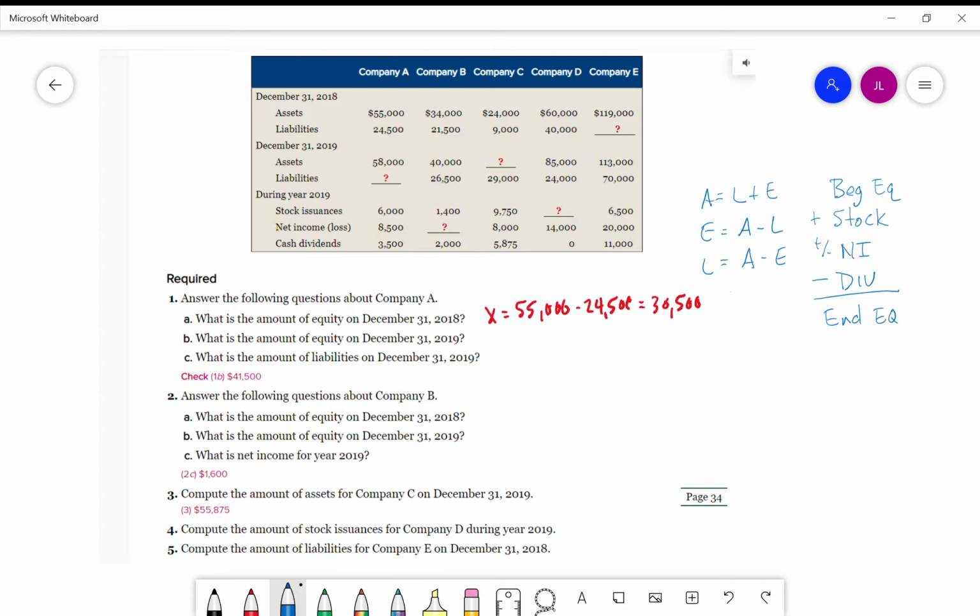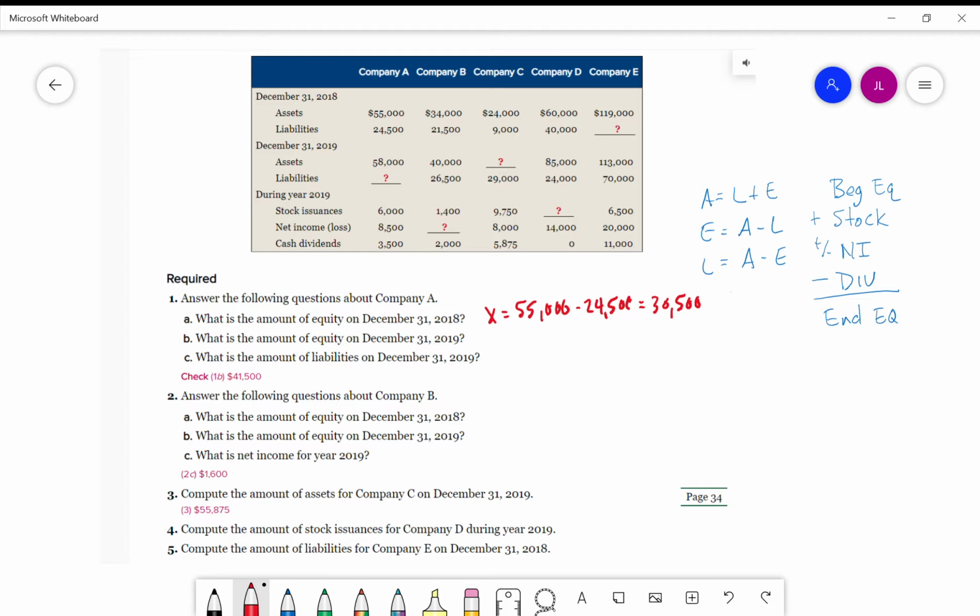This is important because the ending equity of one period is the beginning equity of another. We know the equity at the end of 2018 is 30,500, which is our beginning equity for 2019.